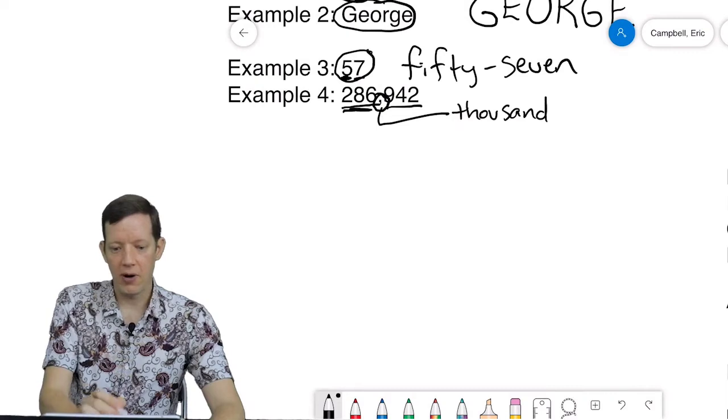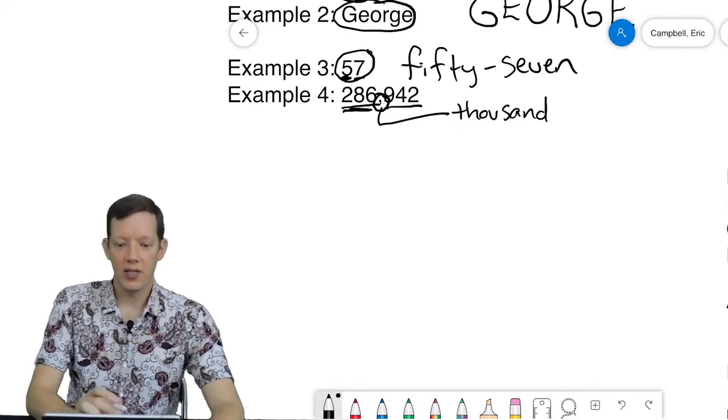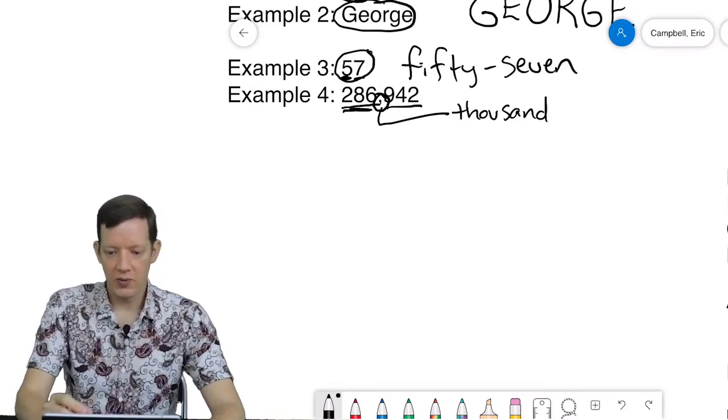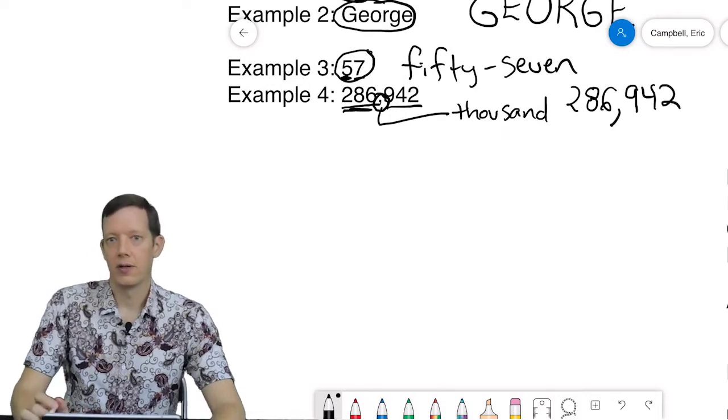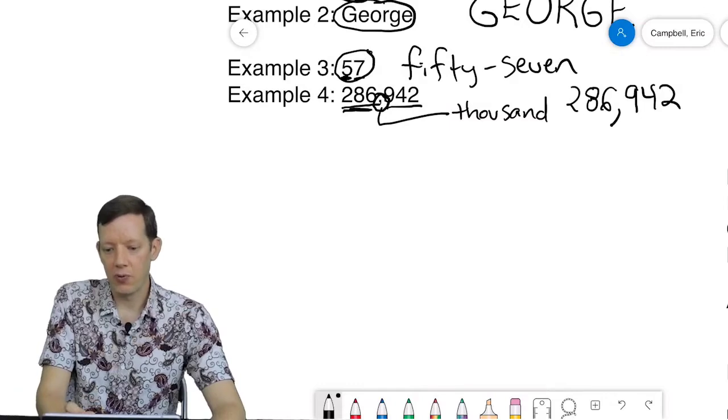And then we're going to read the number after the comma. Okay? So what is this number? This would be 286,942. You see how we did that? So we read these three as a number, 286, and then the comma, 1,000, and then 942.